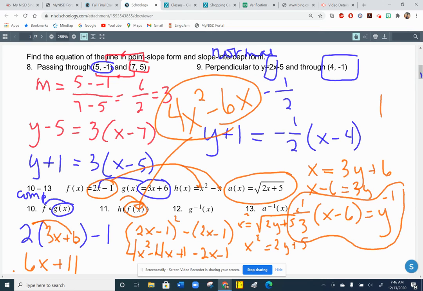Now if I undo all of my stuff, I'm going to subtract the 5 and then divide by 2. So my total answer, and I'm sorry I'm running out of space here, 1/2 of x squared minus 5 is going to be the inverse for your A term, A inverse. Okay, so there are some writing equations of lines and a little bit of composition and inverse finding.